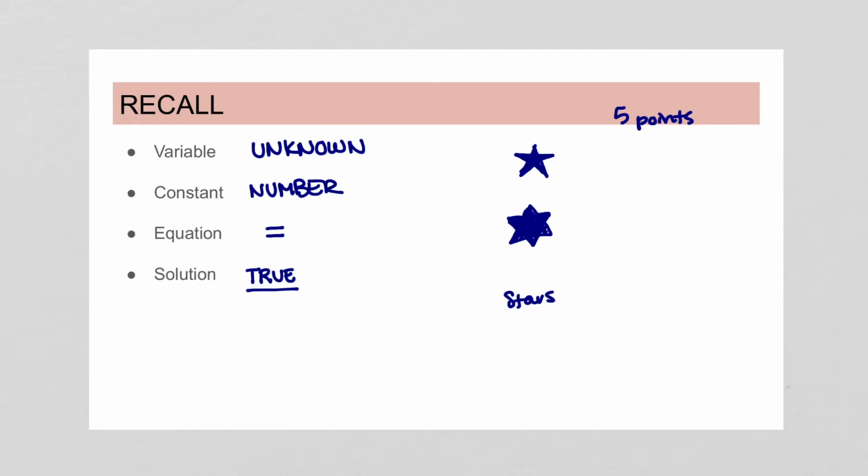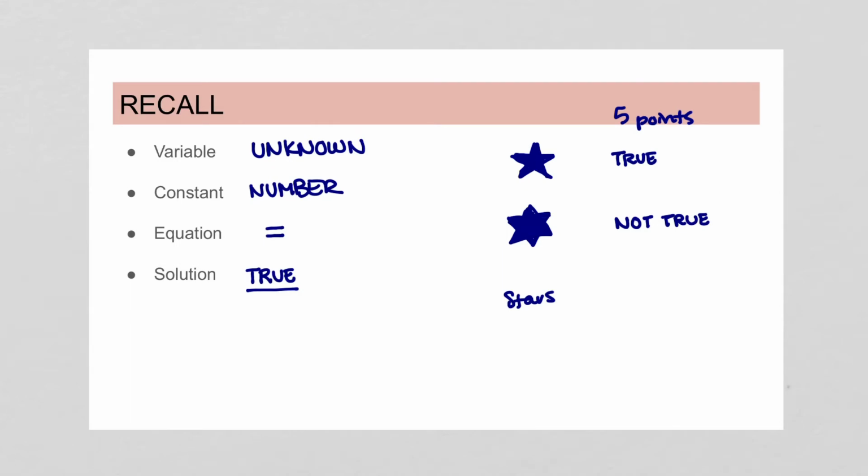Here we would have said, does this star have exactly 5 points? Yes, that was true. That's always true. But then when we look at this star, we say, does this star have exactly 5 points? No, it is not true. This star has 6 points.